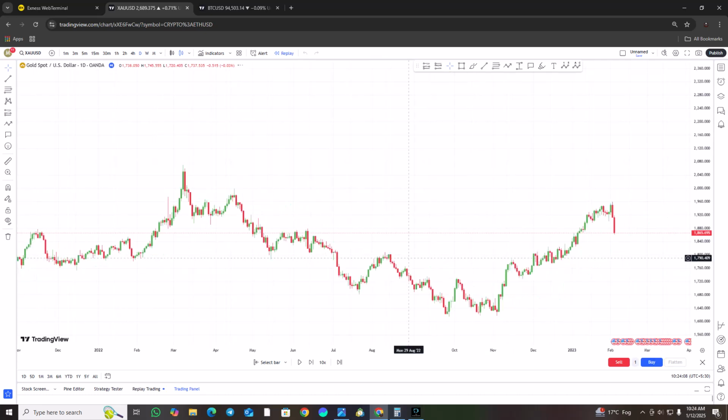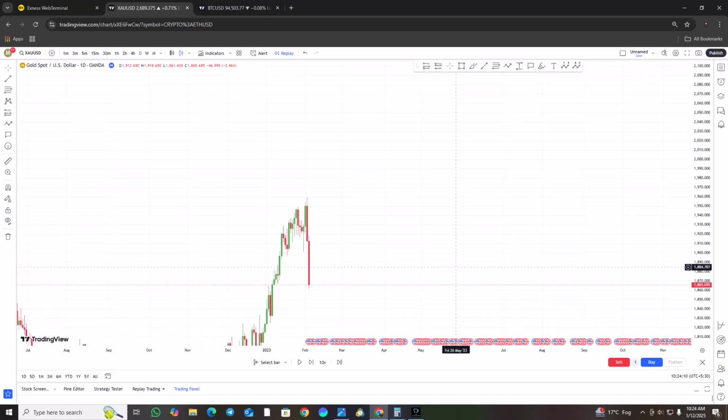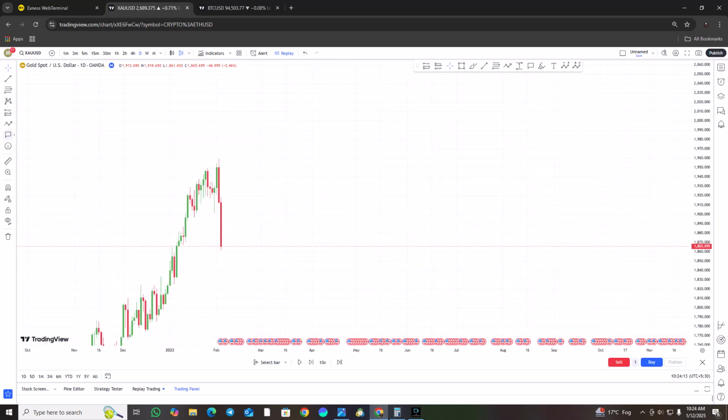See, first thing, when we see a high, we have to mark it. And the next thing, once a high is done, we have to look for the 3 candle pattern. If you look from the high towards this side, you can see there is a 3 candle pattern over here, which is head, left and right.